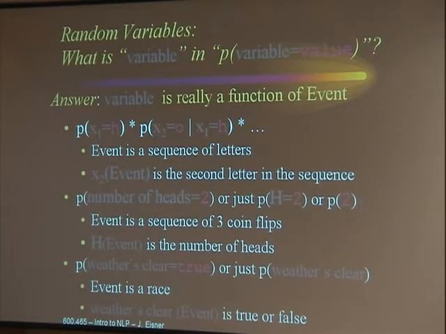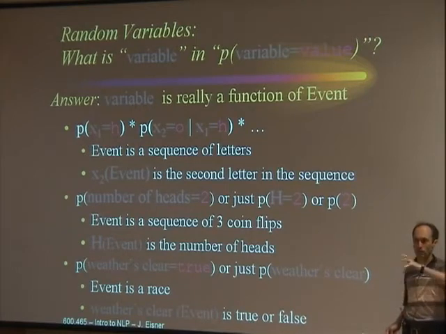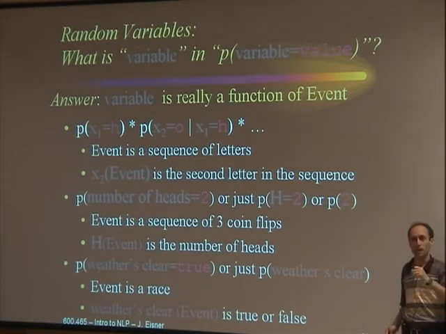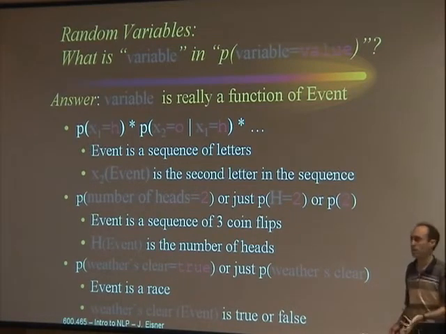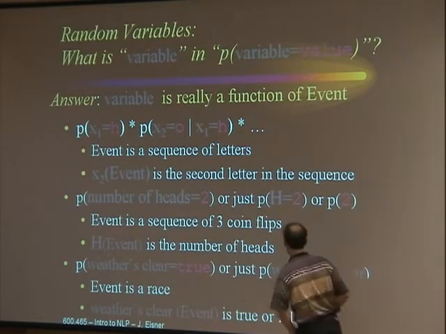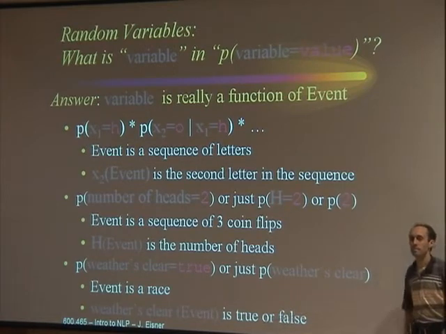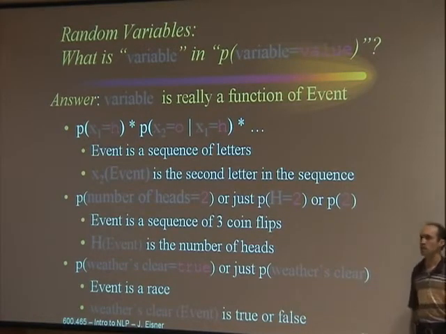And similarly, races might be amazingly complicated events. If you know the race, you might be able to inspect the race and find out who the jockey was and what the phase of the moon was and whether the track was muddy and so forth. In this case, we're just looking at one property of the race, namely whether the weather's clear. Okay. So that's true of some events. It's false of others.